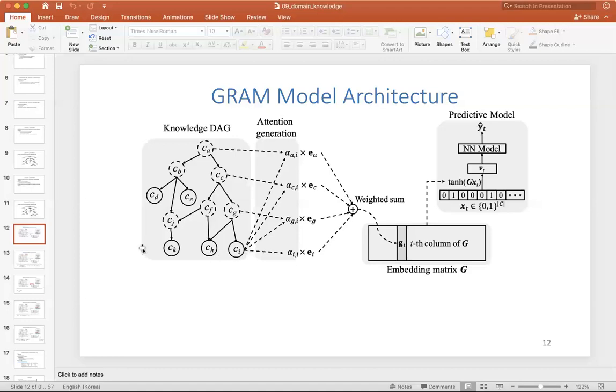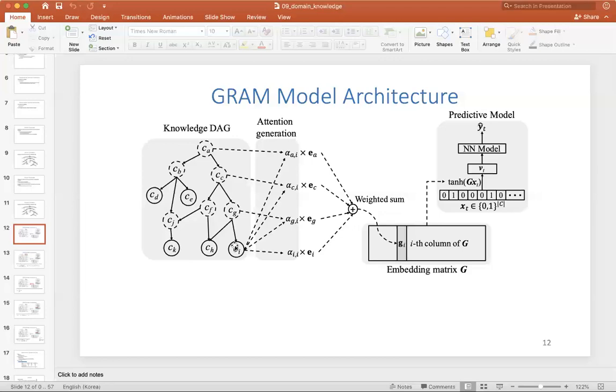But here in Graham, we rely on the domain knowledge, the disease code hierarchy, to learn the representation vectors of the diseases.